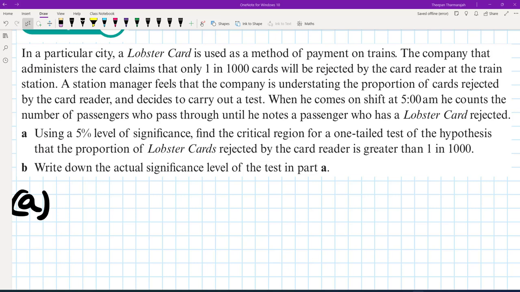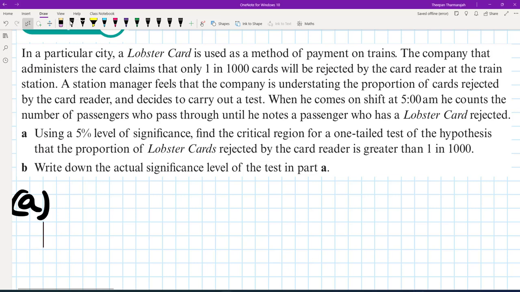When he comes on shift at 5 a.m., he counts the number of passengers who pass through until he notes a passenger who has a lobster card rejected. Using a 5% level of significance, find the critical region for a one-tailed test of the hypothesis that the proportion of lobster cards rejected by the card reader is greater than 1 in 1,000.